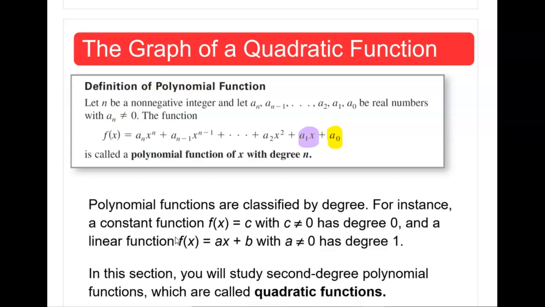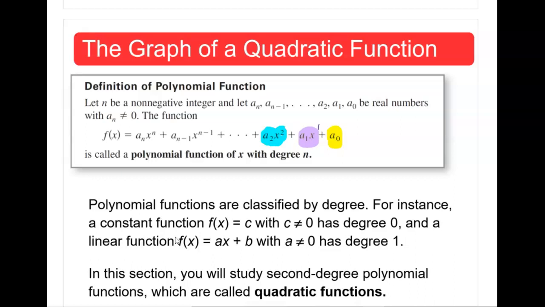So that would be a linear function. You could see the x is to the power 1. Now, if we want a quadratic function, of course, we will have the x squared. And then here the a sub 2 is representing the coefficient of the x squared term, just like the a sub 1 is representing the coefficient of x.